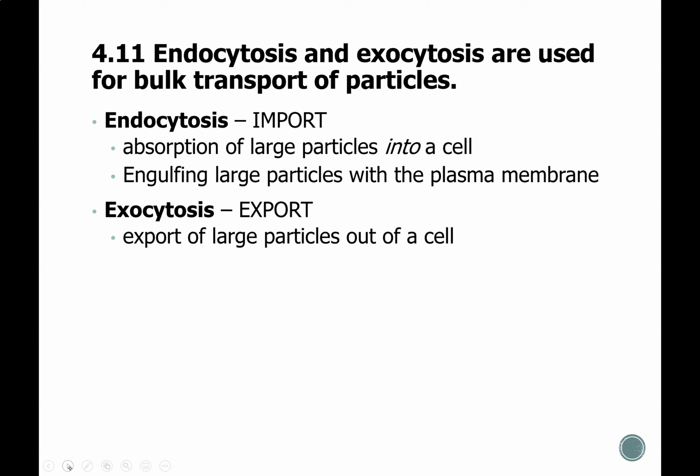So we're moving away from proteins moving things across the plasma membrane, or diffusion moving something across the plasma membrane, and we are moving to a different type of transport. The transport of large particles or a bunch of particles at once is accomplished by endocytosis and exocytosis.